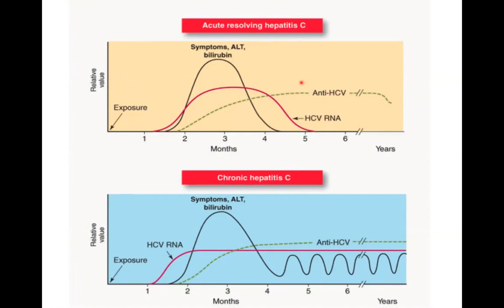And while this immune response hangs around for a long time, it does eventually begin to wane years after that acute infection. So for those that develop chronic hepatitis, we're looking at our acute infection here, where we've got our HCV RNA coming up, our increase in symptoms.